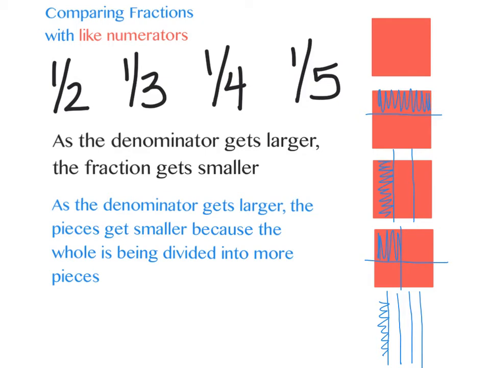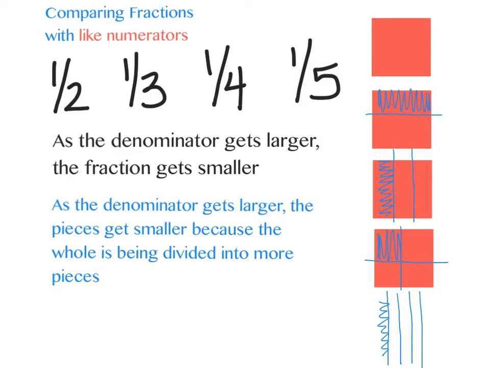As the denominator gets larger, the fraction gets smaller. I know that might not make sense, but think about it. As the denominator gets larger, the pieces get smaller because the whole is being divided into more pieces.